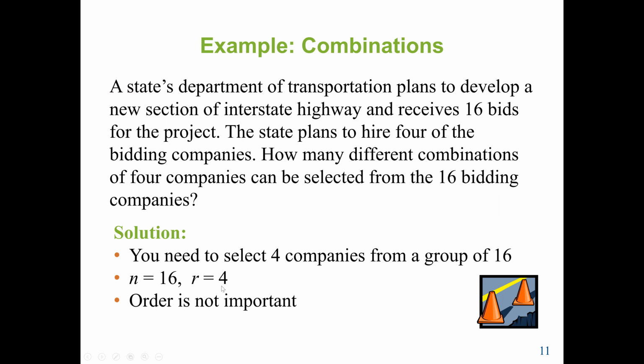So let's look at the solution. Here we need to select 4 companies. The order of the companies doesn't matter. So in this problem, we have to use combination to solve it. So we are selecting 4 companies from a group of 16. So N is 16, R is 4. Again, the order is not important.